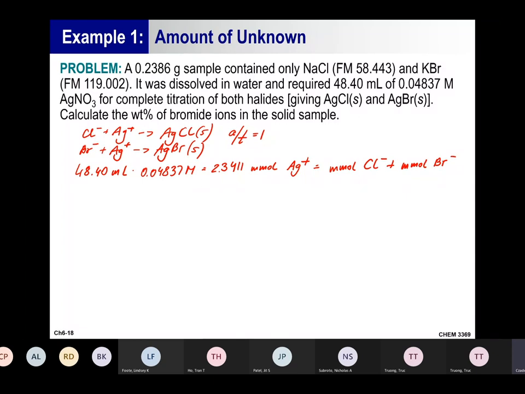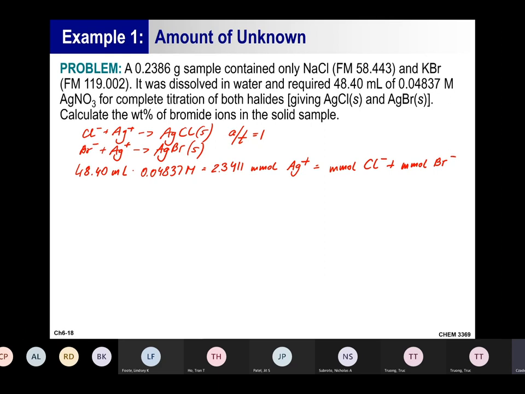Okay, so to solve this problem, we need to express now the moles of Cl minus in terms of the mass. We want to do that because we have the mass of the sample. It's 0.2386 grams, right?